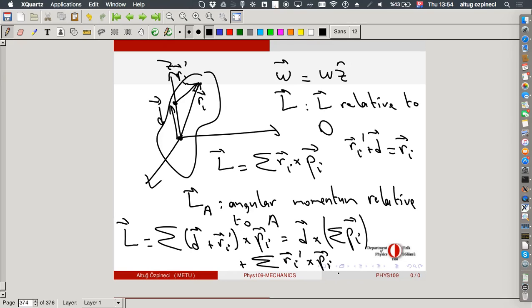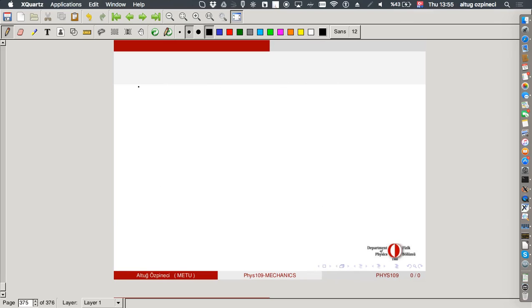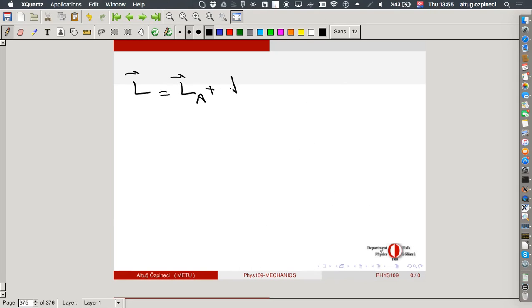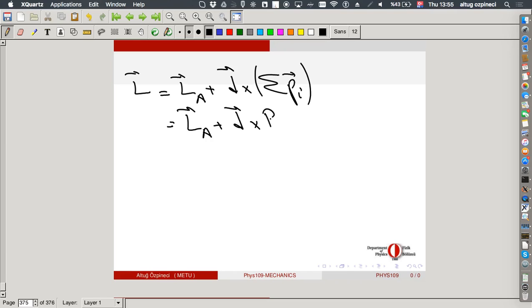I'm just shifting my vector origins, and this is how the angular momentum is modified. This quantity over here is nothing but the angular momentum relative to A. L is equal to LA plus D cross Pi, or LA plus D cross the total momentum of my system.